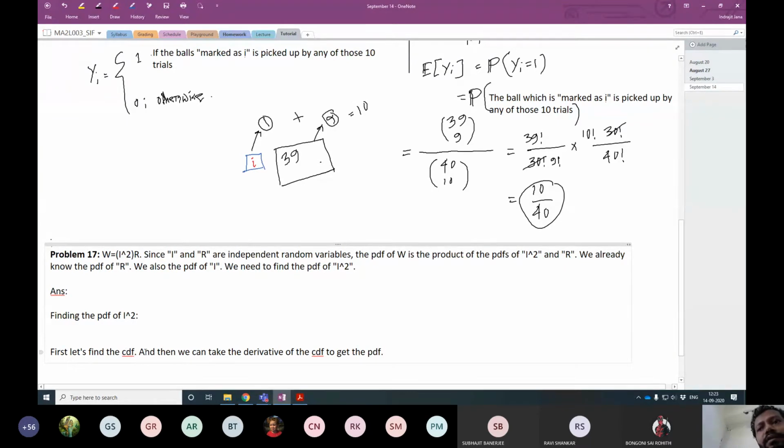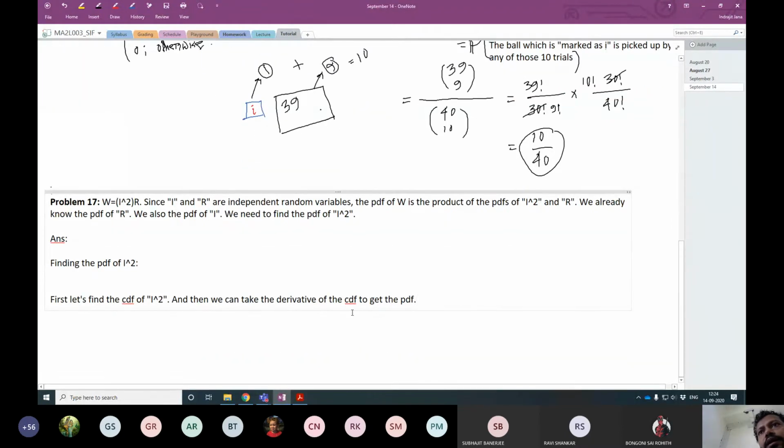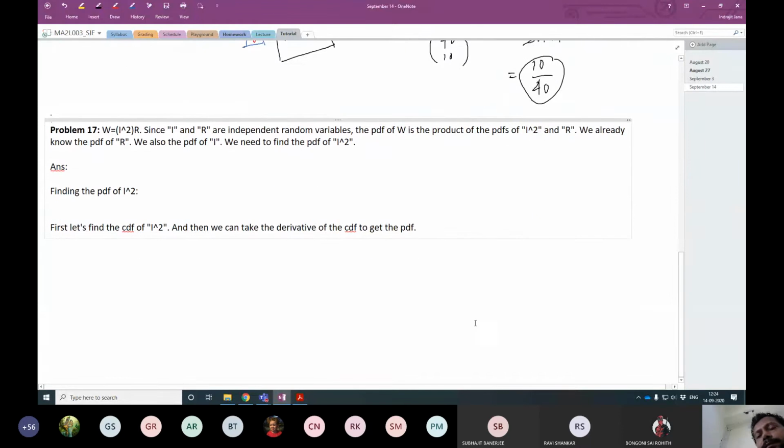So first, let's find the CDF of I square. How do you find the CDF?